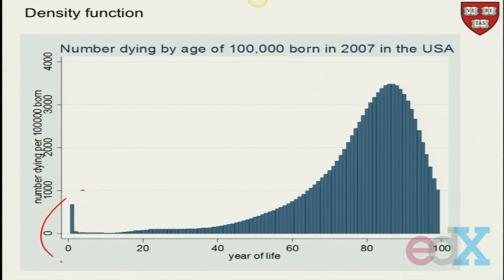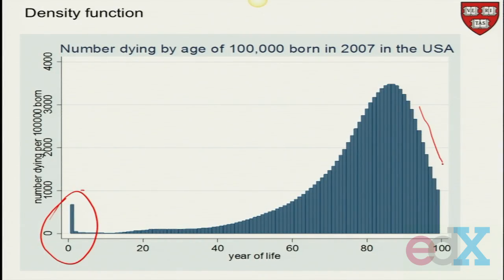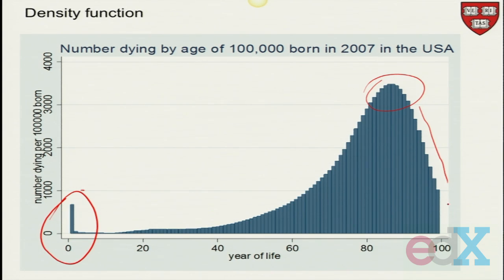Remember, we said there was a big number there, and then it sort of goes down here. Most of us will die probably in our 80s and so on. And George Burns said very few are going to die here, and that's right, because there's very few left. So anyway, this is what we call the density function.